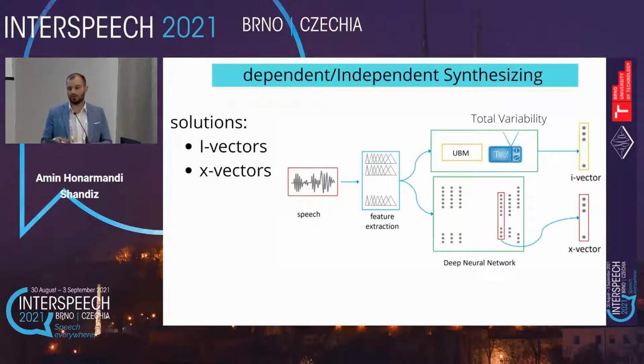It's just based on a deep neural network, where there are some layers which extract features, and then a statistical layer which could be global average pooling or standard deviation or a matching network, and after that some layers which extract x-vector features, which is a constant vector, but the input could be utterances of different lengths.